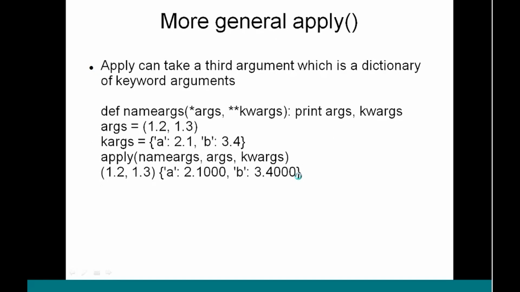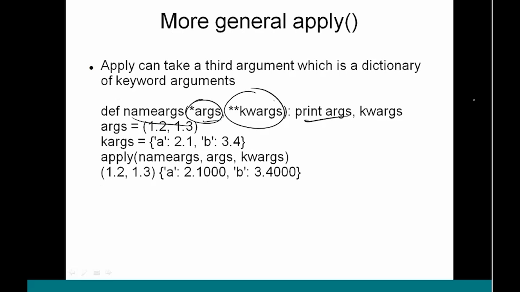So now, apply can also take a third argument, which is a dictionary of keyword arguments. Here is an example with name arguments, star args, which is a list, and then a dictionary of keyword arguments.